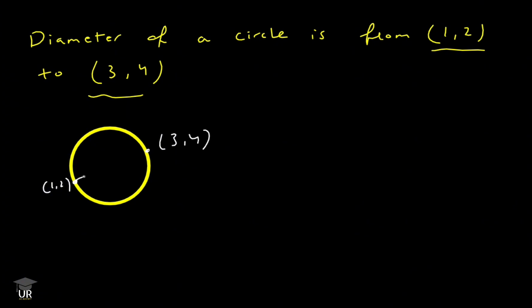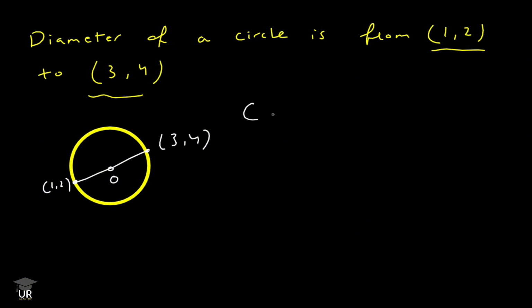So this has to be your diameter. So this line will be your diameter. Okay, so now notice that the midpoint of this line has to be the center of the circle. That has to be your center of the circle.